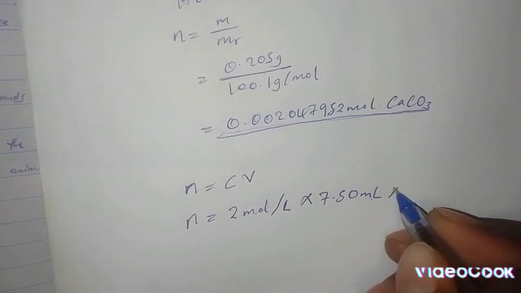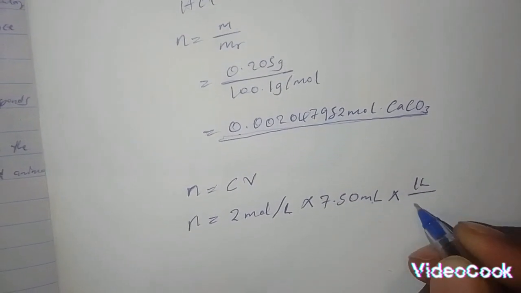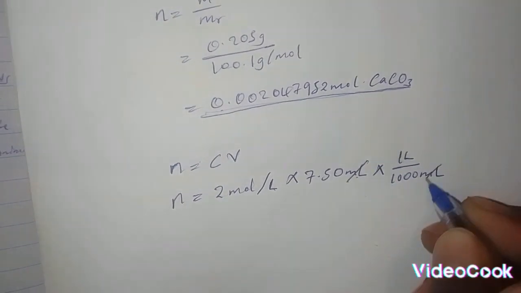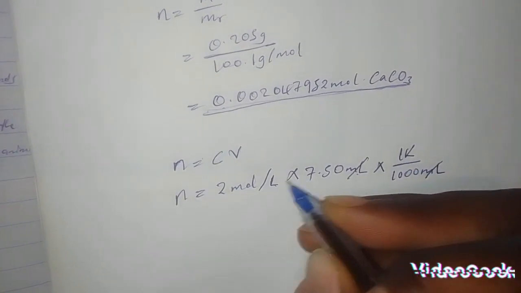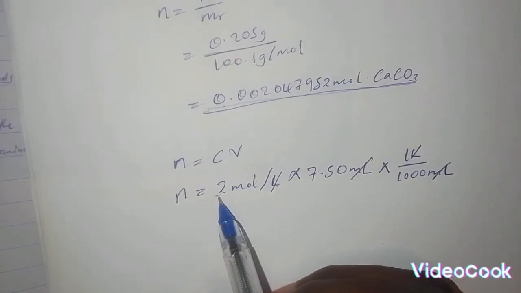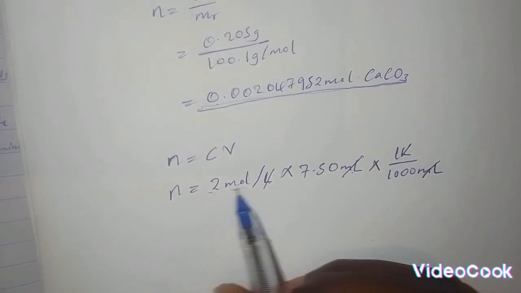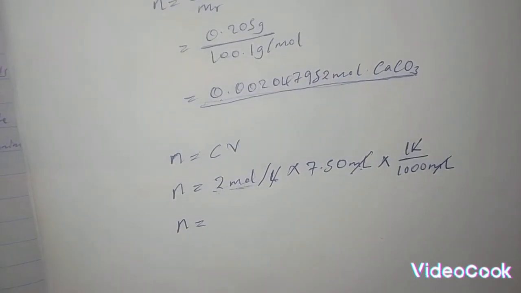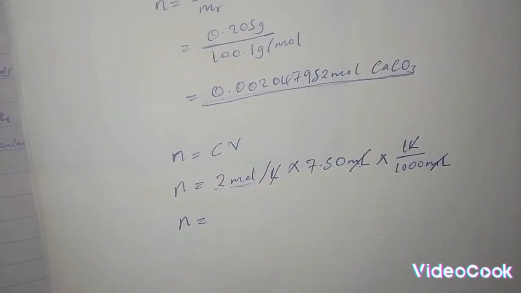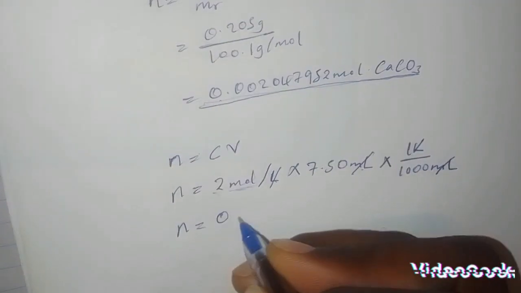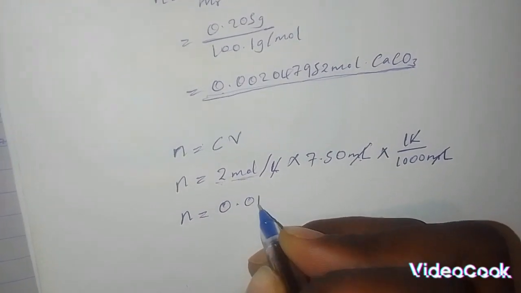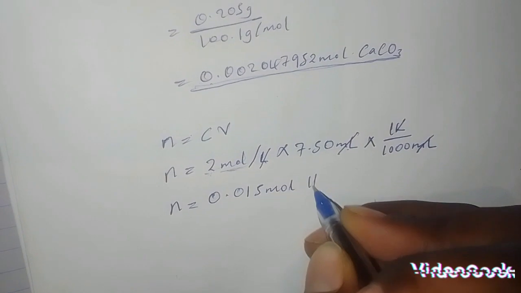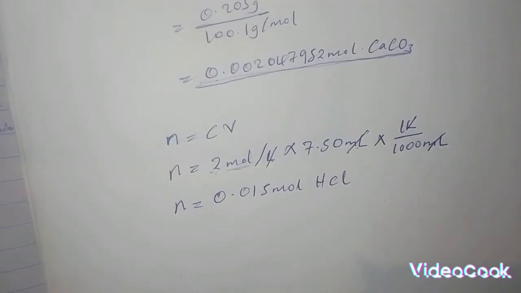So in this case, we just say times 1 liter divided by 1000 mL. So this mL and this mL will cancel. This liter and this liter will cancel. Then we are going to remain with a number of moles here. So when we do the calculations, we find that the number of moles is 0.015 moles. So this is for hydrochloric acid.